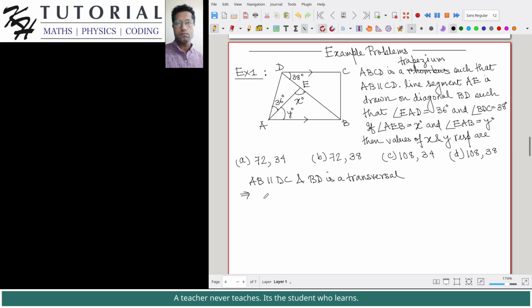Angle BDC should be equal to angle DBA, and angle BDC is given to be 38 degree, so angle DBA is also 38 degree.